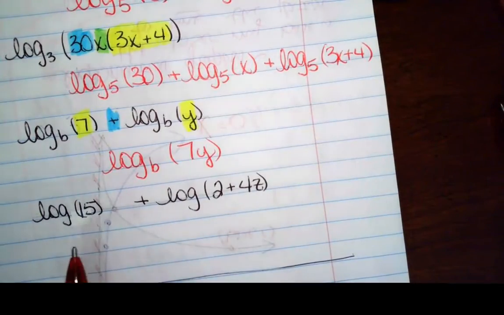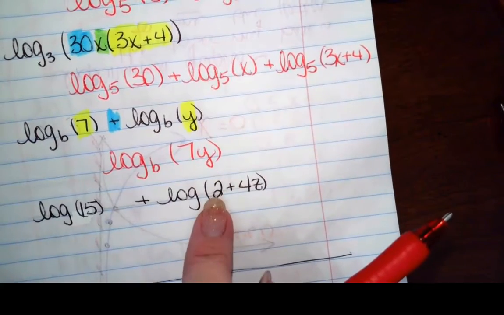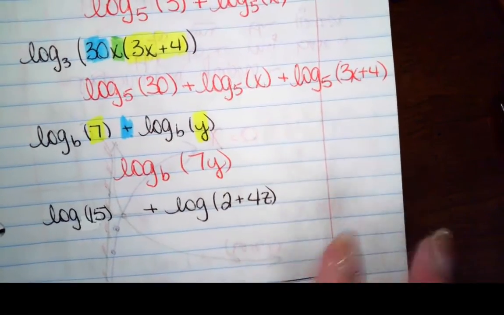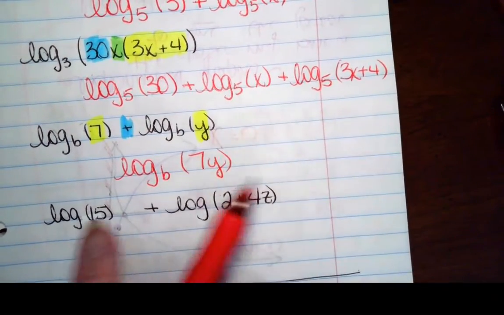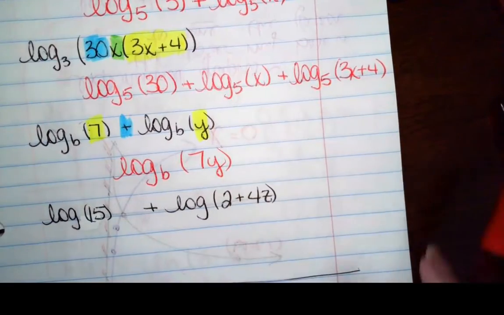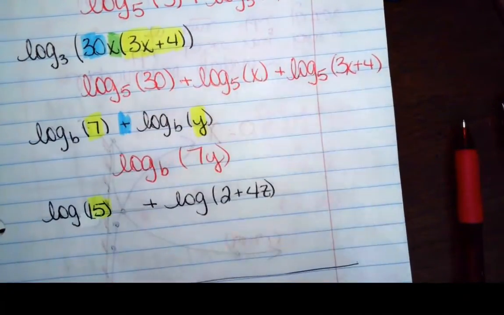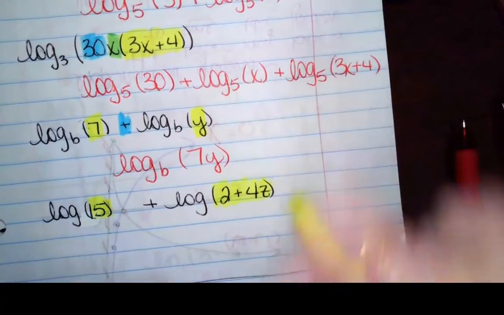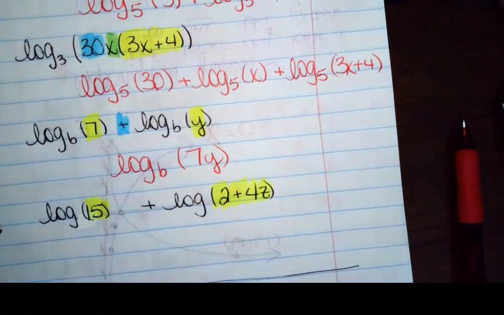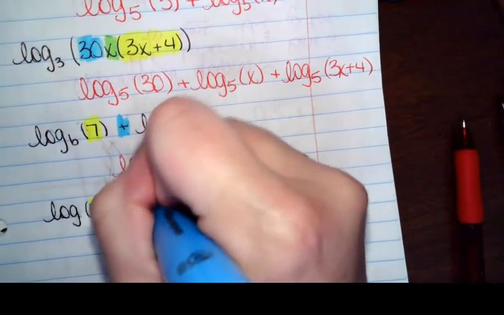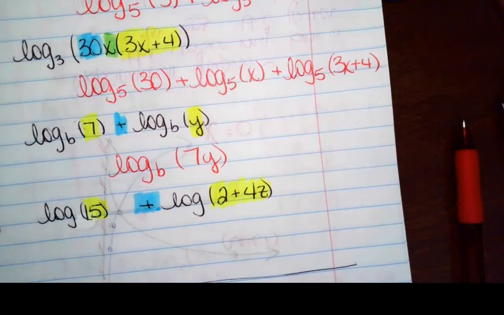So now let's review real quick. My base is not written. So what base am I working in? This is base 10, and I read this as the common log. So again, I've got an argument of 15, and I've got an argument of 2 plus 4z. So I've got two separate logs joined by addition.